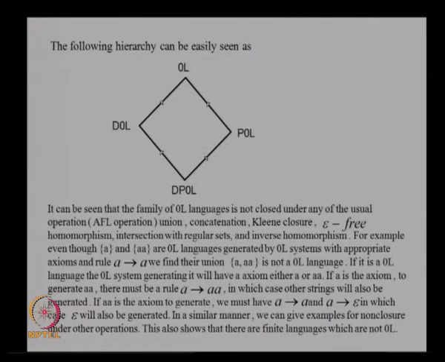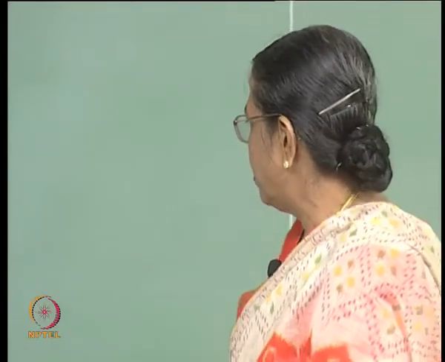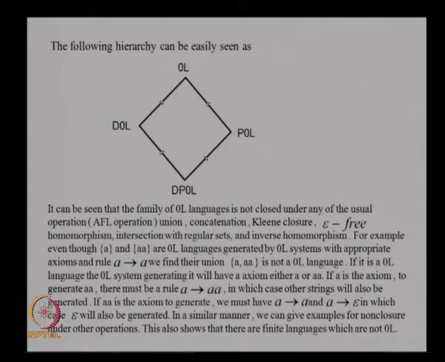Now, the hierarchy within this is given by this. All DP0L languages are D0L languages as well and P0L languages as well, and they are included in the family of 0L languages. Now, from formal language theory point of view, the main interest in those days was to consider whether a new system is closed under operation, and especially 6 operations have been considered.